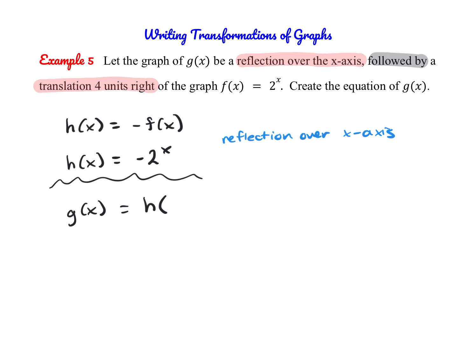So if I want to move to the right, I'm actually going to do x minus 4. So that's telling us to look at the previous step and replace x with x minus 4. So that means that g of x is negative 2 to the power of x minus 4.